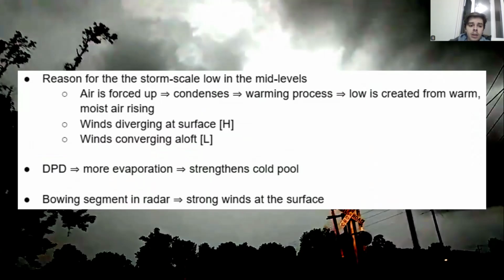And a low ends up being created from the warm, moist air rising. Winds are diverging at the surface, like I said, and there's a high, and they're converging aloft, which is where there's the low. With the dew point depression, there's more evaporation, which strengthens the cold pool, because evaporation is a cooling process. Where there is a bowing segment in the radar, there are oftentimes stronger winds at the surface.